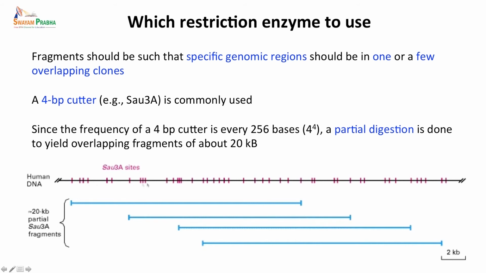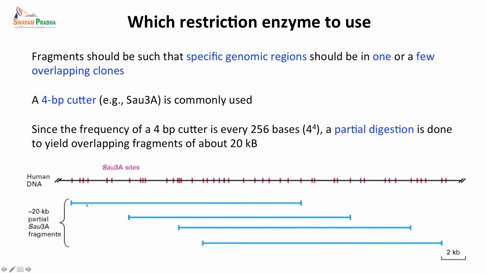What happens during a partial digestion is that not every site will be digested by SAW3A. It will be making random cuts at different positions, and because of these random cuts you will obtain overlapping fragments. In a cartoon it is shown here. Supposing this site is digested, then maybe this site, this site, and this site are digested, and the rest.